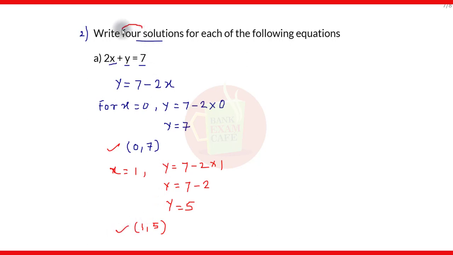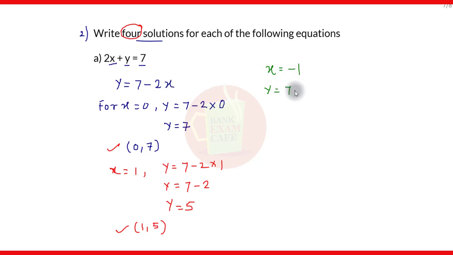So we have got the first set of solution, we have got the second set of solution. This way we have to find the 4 sets of solution. So now we will take x is equal to minus 1. So you will get y is equal to 7 minus 2 into the value of x, which we are taking as minus 1.